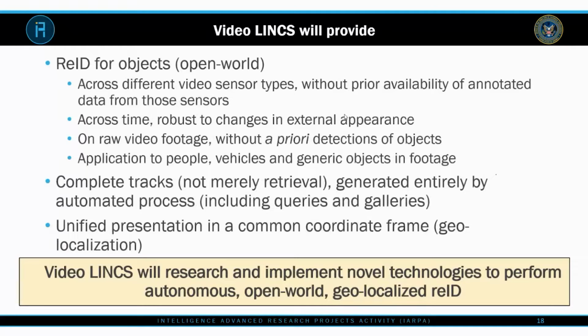We're looking for complete tracks, not merely retrieval, that would be generated entirely by automated processes, including both the queries and the gallery. There will be a unified presentation in a common coordinate reference frame, geolocalization. So video links will research and implement novel technologies to perform autonomous, open world, geolocalized re-ID.